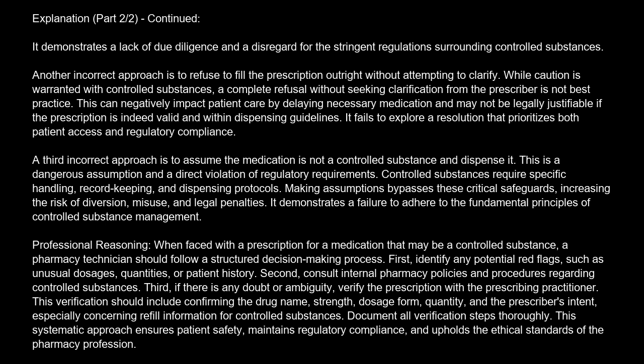This verification should include confirming the drug name, strength, dosage form, quantity, and the prescriber's intent, especially concerning refill information for controlled substances. Document all verification steps thoroughly. This systematic approach ensures patient safety, maintains regulatory compliance, and upholds the ethical standards of the pharmacy profession.